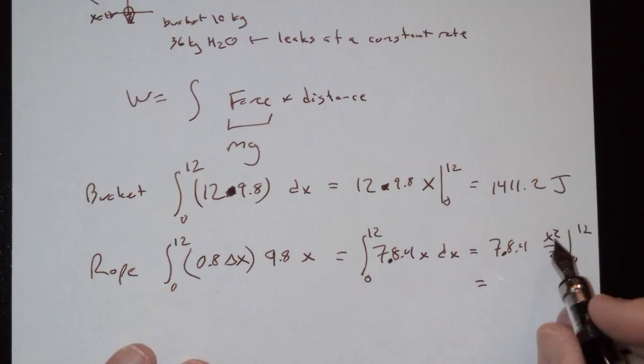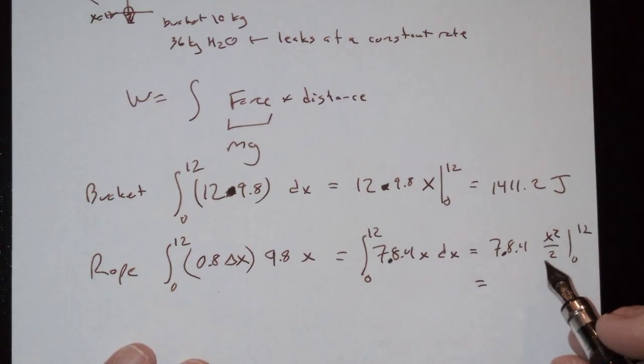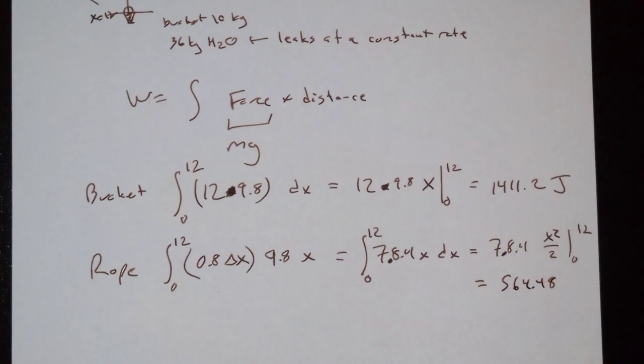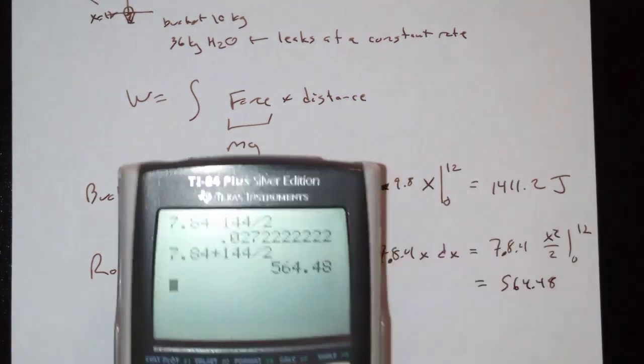So I got 7.84, 12 squared over 2. 12 squared is 144. 144 divided by 2 is 72. 7 times 72. This should be around 500-ish. That's the number I got as well.